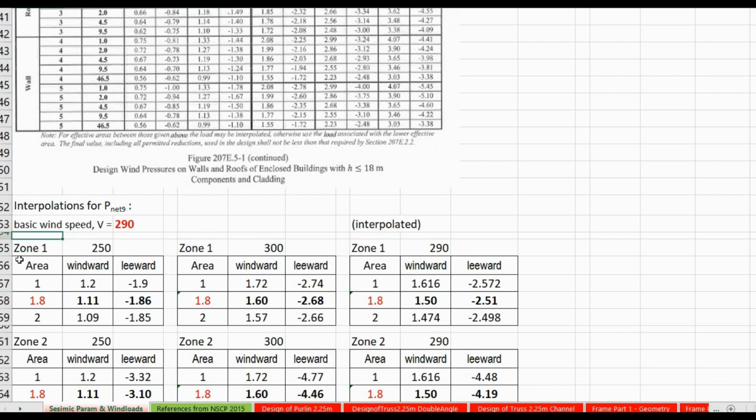So, ito po ang 290. So, yan. And then, ito naman yung galing sa table. So, we have zone 1, 250. Okay. So, yung area 1, yung 1.2 tsaka 1.9, yan yung windward and leeward pressure.